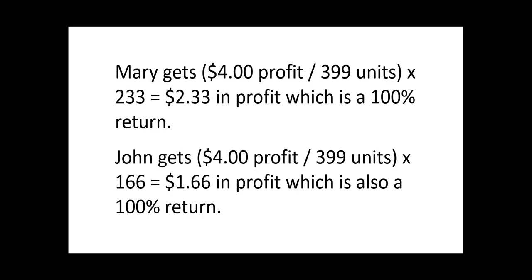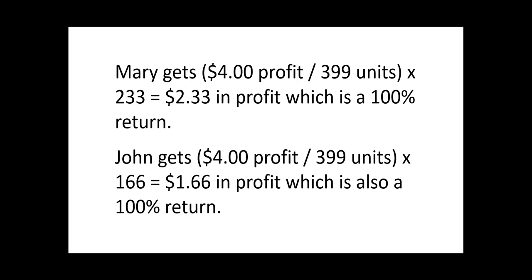So Mary gets $4, that's the profit, divided by the total number of units, 399, multiplied by the units that she has, 233. So she gets $2.33 in profit, which is 100% return. John gets $4 of profit divided by the total number of units, 399, multiplied by the 166 units that he had.